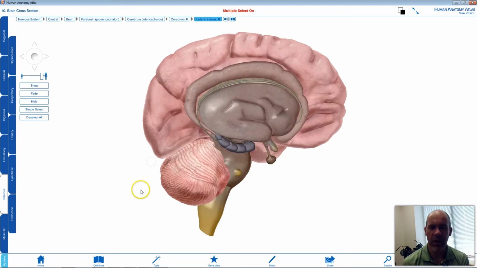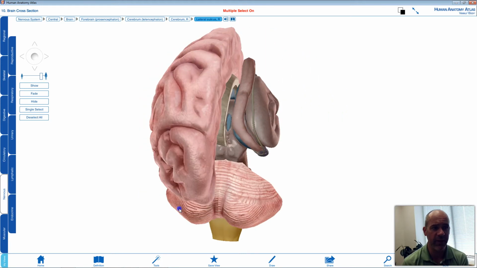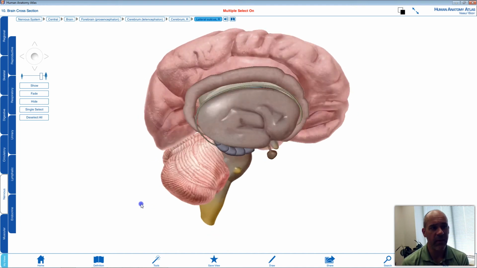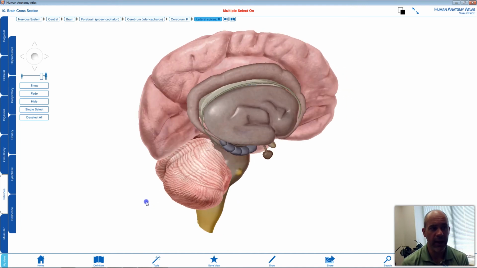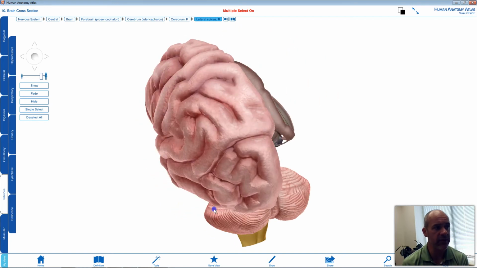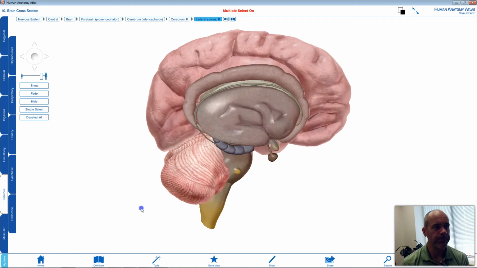And I have to caution you, when you're trying to study some of these features in your textbook and you're looking strictly at 2D diagrams, it can become pretty confusing. So I just want to point that out to you. Keep in mind we are looking at the right side of the brain here. I've stripped off the cerebrum, so we're looking at some deeper structures. The cerebrum is still intact over on this side.